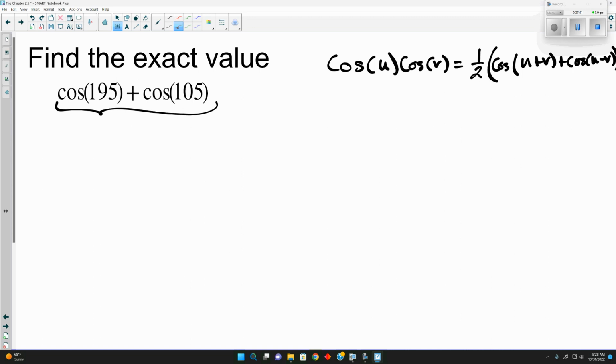Now we can multiply both sides by 2, telling us that 2 cosine of U cosine of V is equal to cosine of U plus V plus cosine of U minus V.